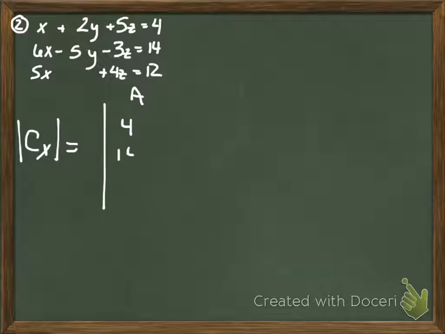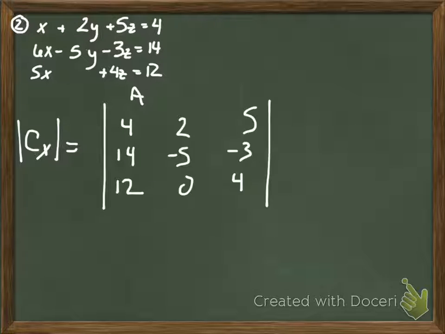So 4, 14, 12; 2, negative 5, 0; 5, negative 3, 4. Repeat our first two columns: 4, 14, 12, 2, negative 5, 0.